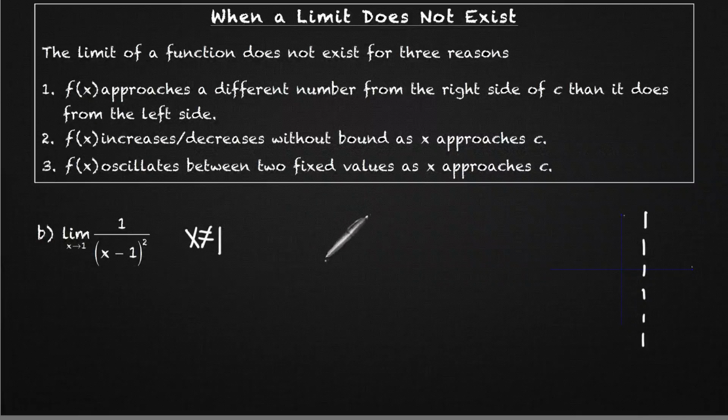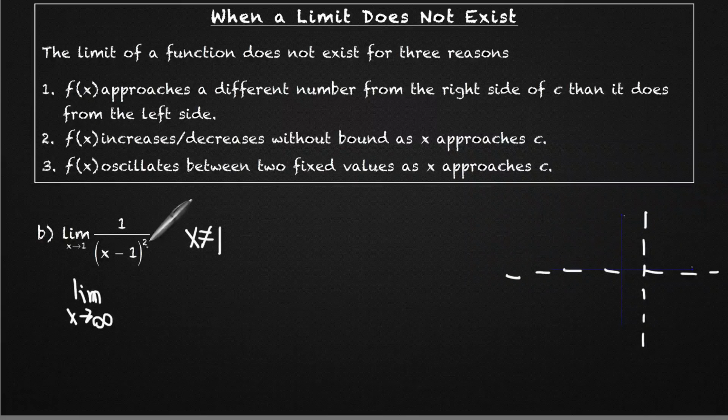Now we can also figure out the horizontal asymptote by essentially taking the limit as x approaches infinity. So essentially we're asking the question, as x gets really, really big, what is the y value approaching? Well, if you put a really big number in here and then you square it, it's going to be even bigger. So 1 over a really huge number is approximately 0. So that means we're going to have y equals 0 as our horizontal asymptote.